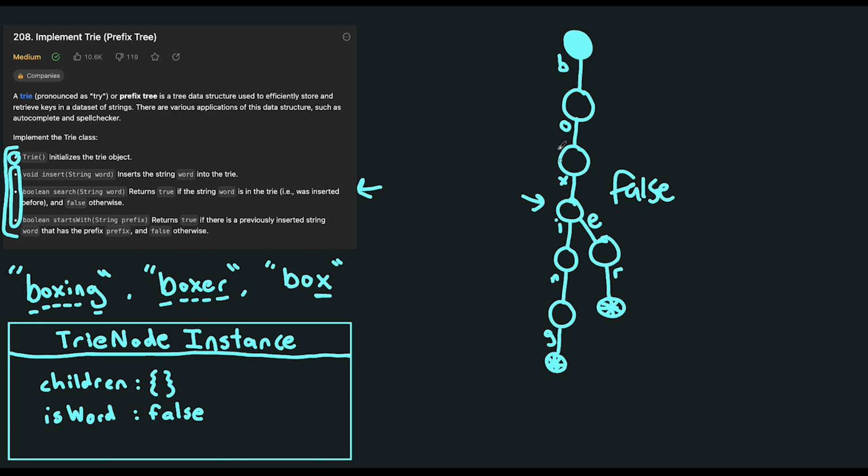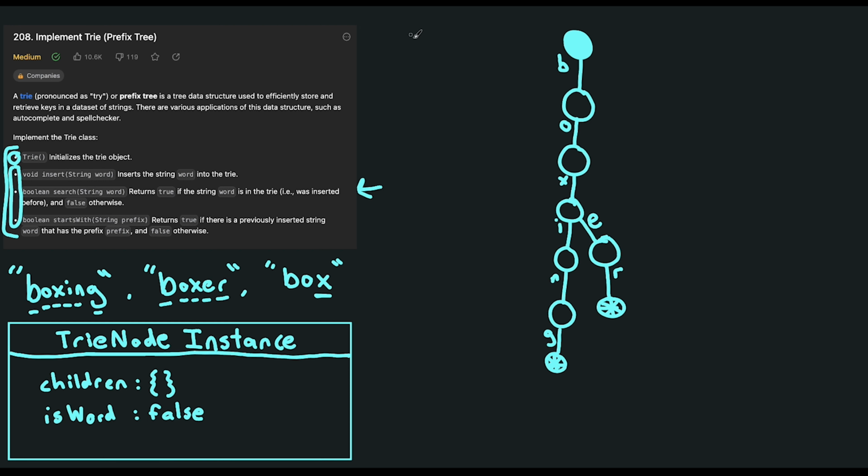Because what search is checking is to see if the word box has explicitly been added to this trie. And even though it exists as a prefix to the words boxing and boxer, it isn't an explicit word in itself. It was never explicitly added to the hash map. So that's why it would return false here.